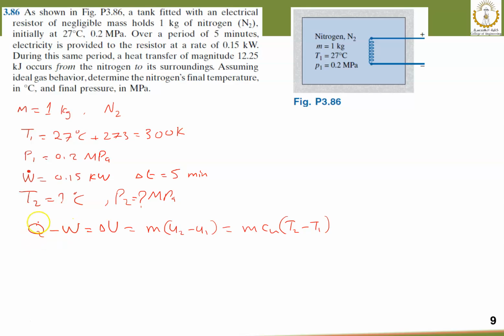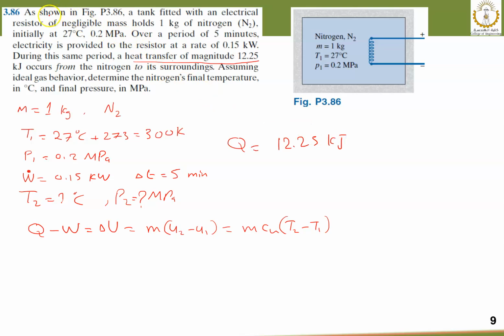So Q, we are given Q here. Yes, there is heat transfer of magnitude 12.25 kilojoule.